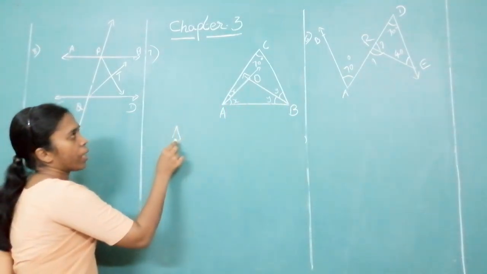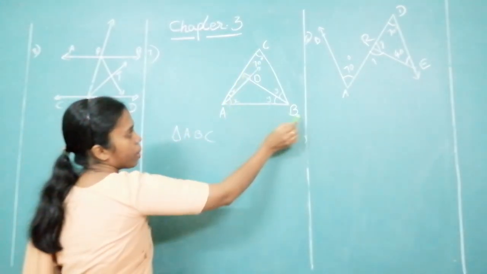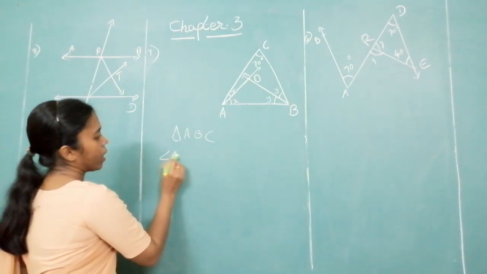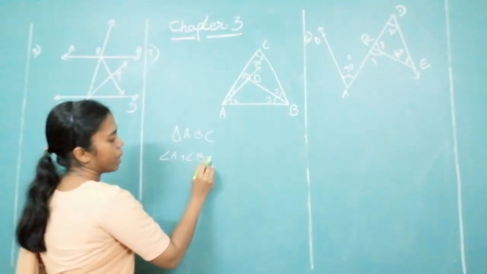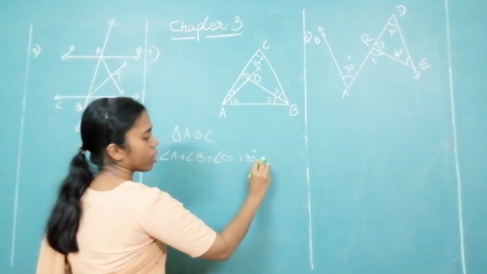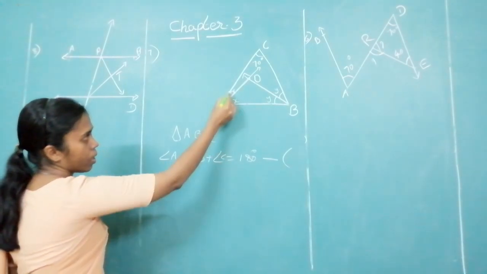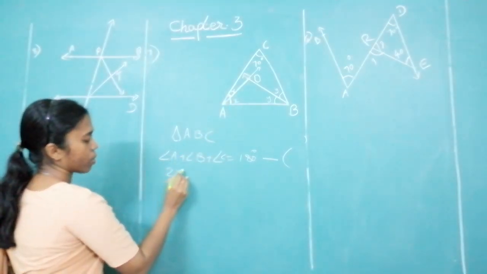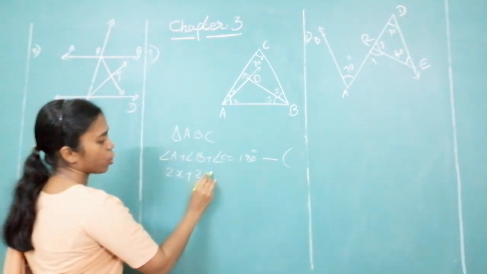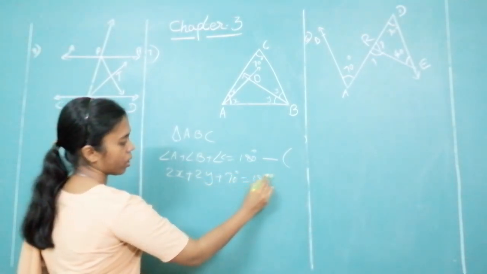Now, in triangle ABC, this is the big triangle, you have angle A plus angle B plus angle C equal to 180 degrees. What is the reason? Sum of the measures of the angles of a triangle. Angle A, how much is angle A? That is 2x. 2x plus 2y plus 70 degrees is equal to 180 degrees.